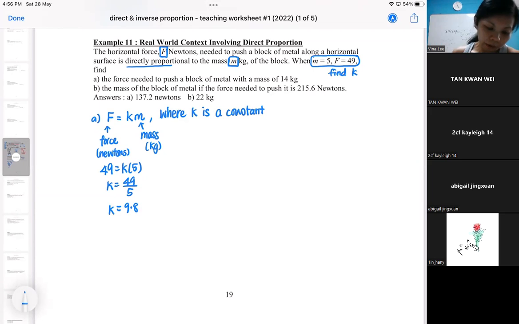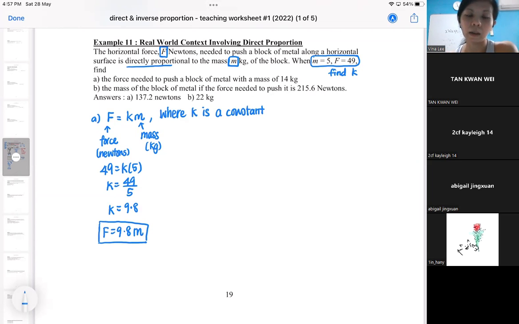So it will be almost the same as what you have been doing, except that now we got a different alphabet, and you must know the units involved. Okay, so you need to take note. So this one is directly proportional to the mass.